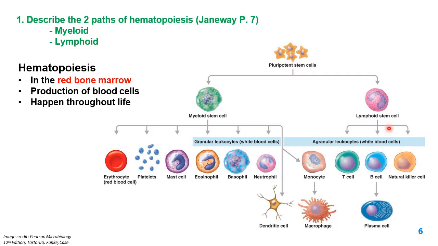The lymphoid pathway generates T cells, B cells, and natural killer cells. If I ask which path eosinophils derive from, you'd say eosinophil is not a T cell, B cell, or natural killer cell, so it must be from the myeloid pathway. Everybody else is myeloid.